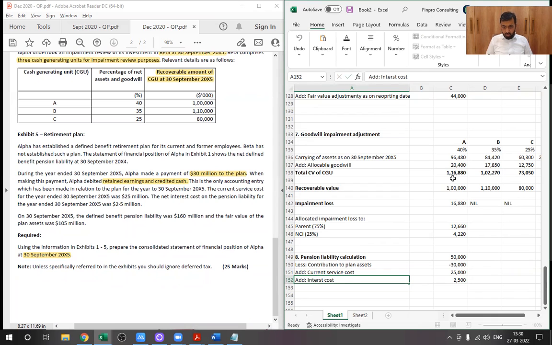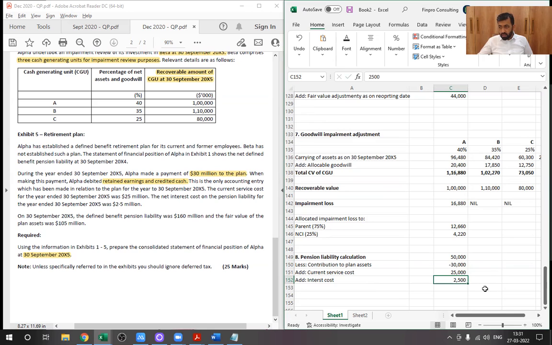Where should this impact go? They have not passed any entry. The only entry they have passed is the wrong accounting entry of contribution to plan assets as a debit to retained earnings. We have rectified that, and this has not been passed at all. So where will this go?